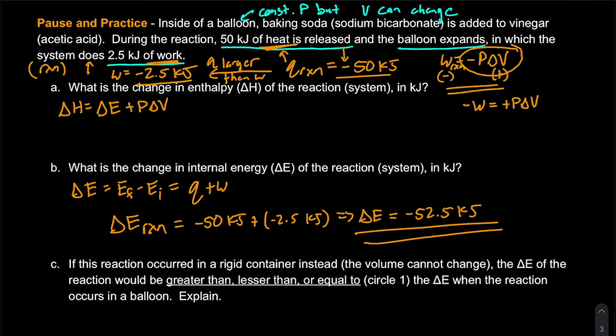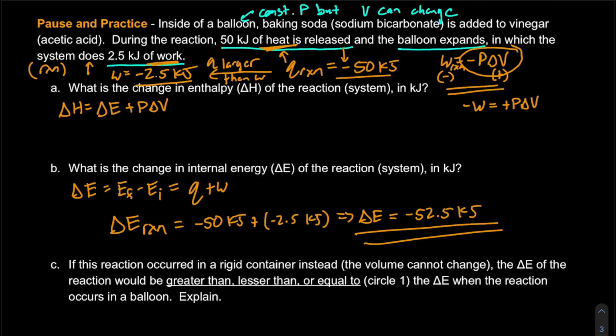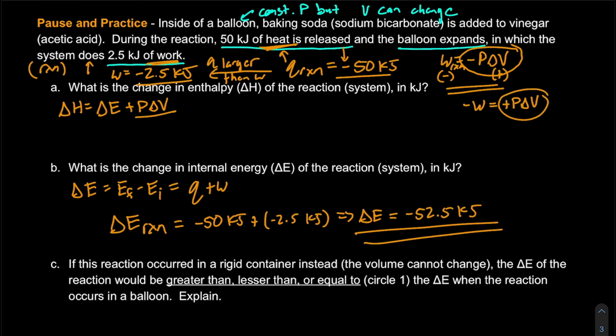We multiply both sides by negative 1. What we see is that it's the same as what we have right here. So let's put in work here, because maybe that'll tell us something. We didn't measure our pressure or change in volume. So our delta H is going to be equal to our delta E minus work.